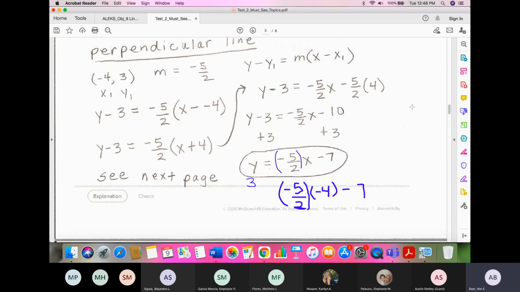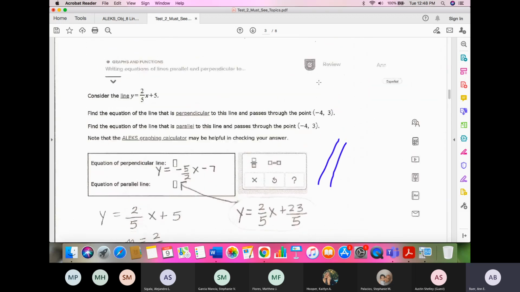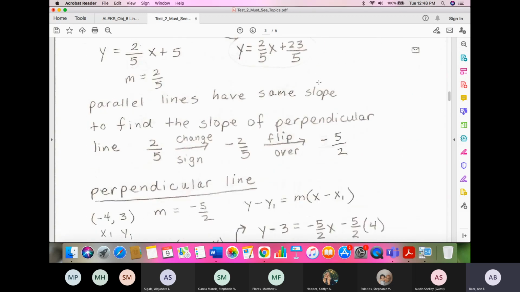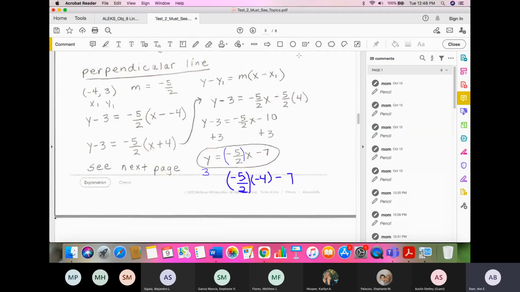Let me make sure, just give me one moment here. I have to remember lots of little things to think about here. Let's take off these blue marks. I don't want them to confuse anybody. This is the answer right there: y equals negative 5 halves x minus 7.